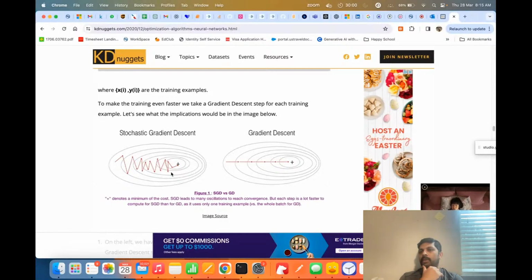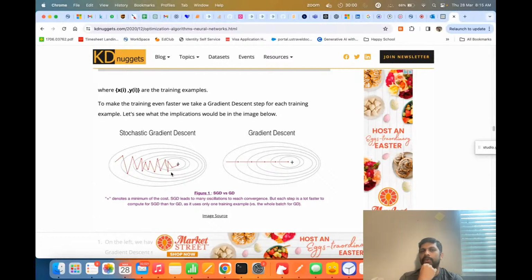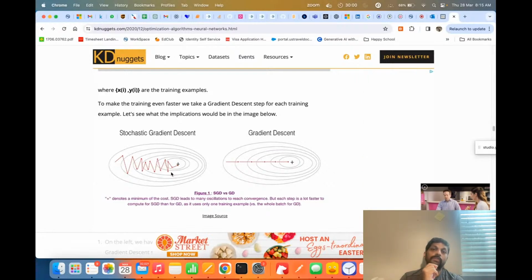It might not be a proper gradient descent, because the cost is calculated overall, correct? But here the gradient descent is done for each example separately. So it might not actually reduce your cost, because you're not looking at the influence of the overall point.